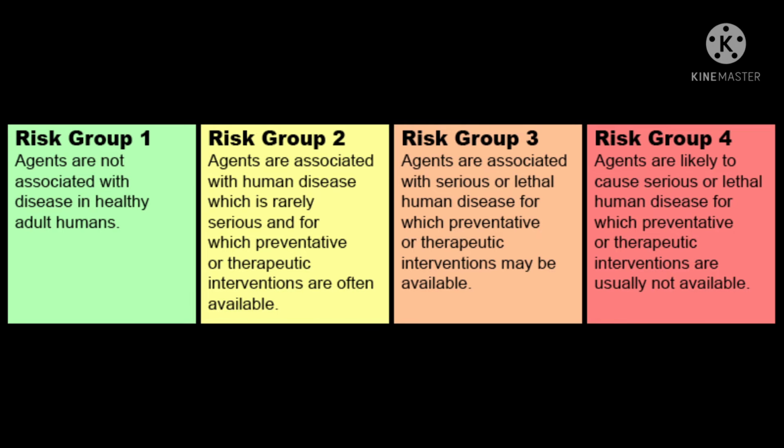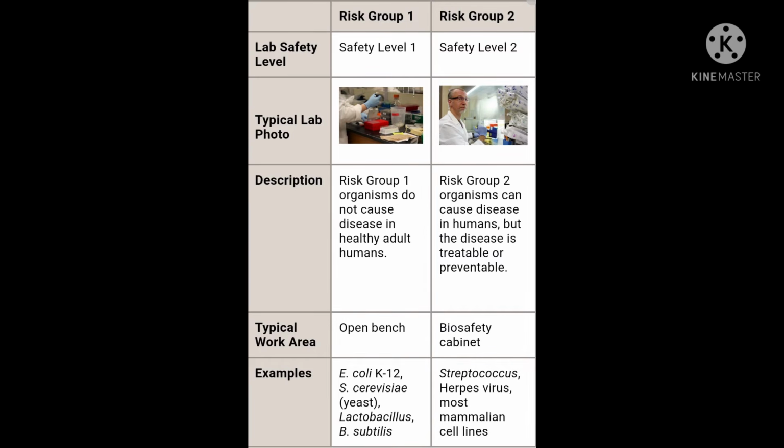These agents represent a moderate risk to an individual but a low risk to the community. Using this photo from IGEM, risk group 1's typical work area can be done on an open bench, meaning on your working table in the laboratory.